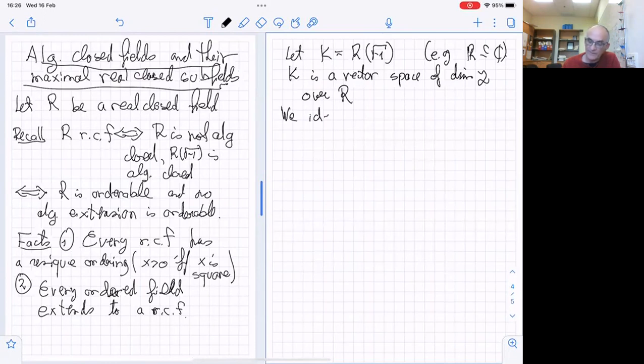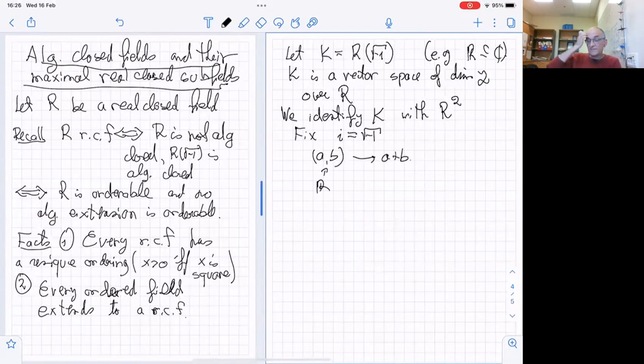We identify K, and K will be used here almost always for the algebraic closure of R. The identification goes from R2 to K. We first fix a square root of -1, one of the two, call it I, and now (a, b) in R square goes to a plus bi. And this gives us the identification of R2 with K.